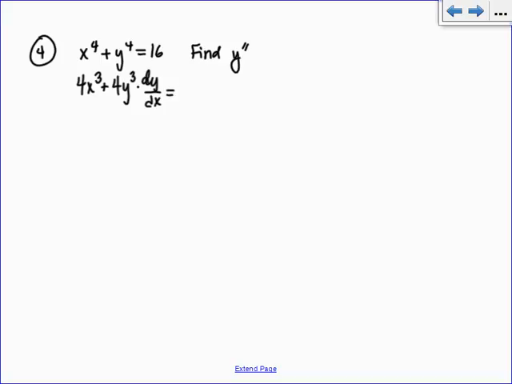So number 4 says find y double prime if you have x to the 4th plus y to the 4th equals 16. Okay, so just like before, if we were finding the second derivative, we're just going to do it twice, right? So first time, I get 4x cubed plus 4y cubed times dy over dx equals 0.